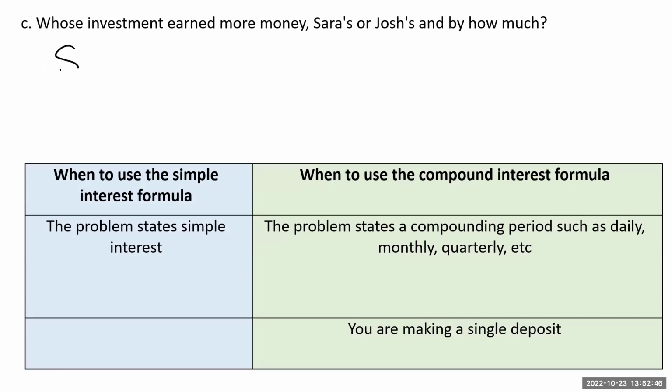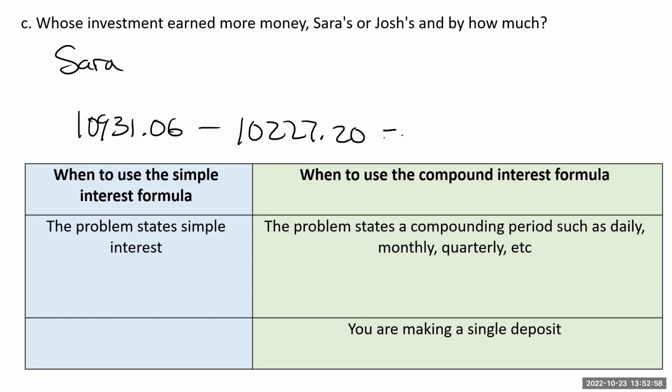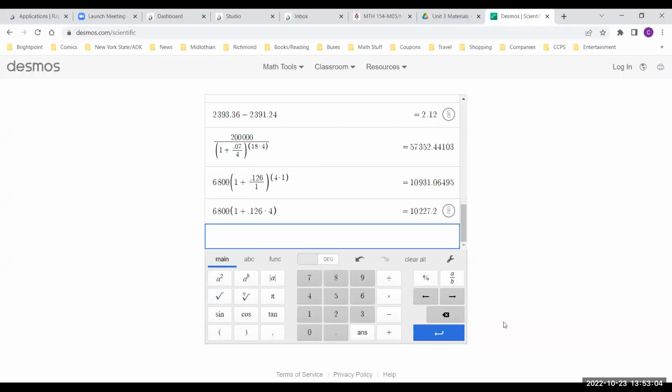Now the big question is, who made more, Josh versus Sarah? Well, I think we all know that Sarah made more, but by how much? So it was $10,931.06 versus Josh's $10,227.20. So let's do the math and see who made more. We have 10,931.06 minus 10,227.20.